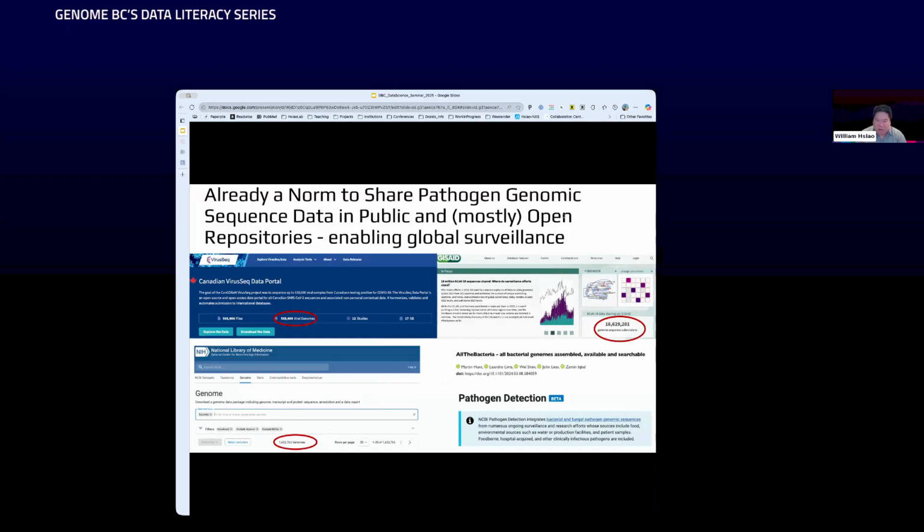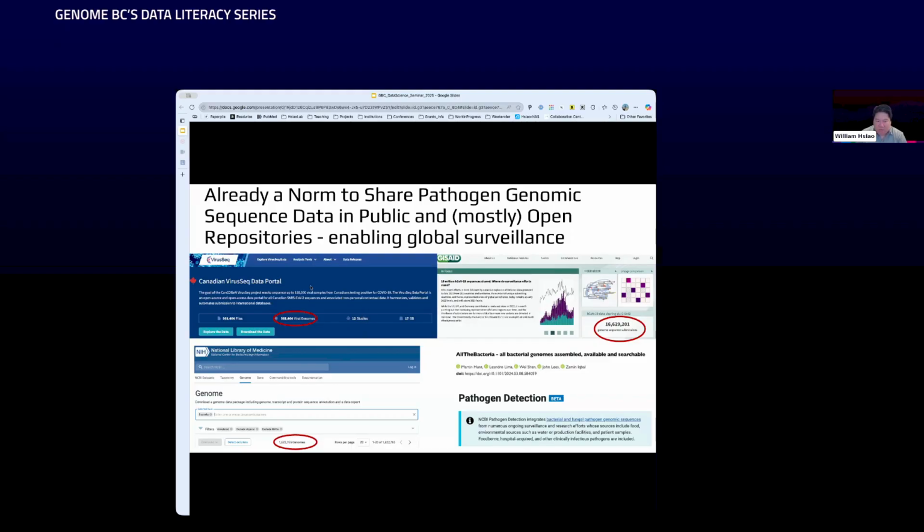And it's already a norm in the research community to share pathogen genomic sequence data. The norm is that the data is often deposited in public and mostly open repositories represented by the National Library of Medicine's NCBI databases. And globally, this database is synchronized with one database in Japan, one in EU, collectively called the INSDC, the International Archive.